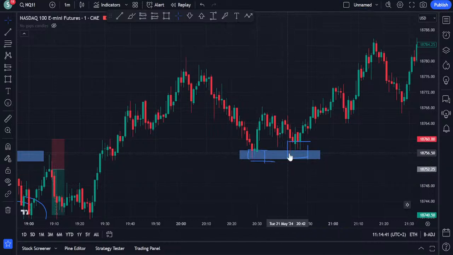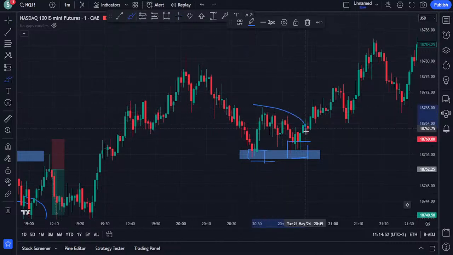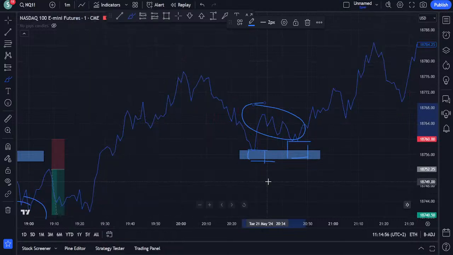Right, so they are touching the same level, and it is most likely a reverse here. Let's see if we have a reverse in this zone. Down, down, down. What's here? And up. Okay. We are looking for longs from this.